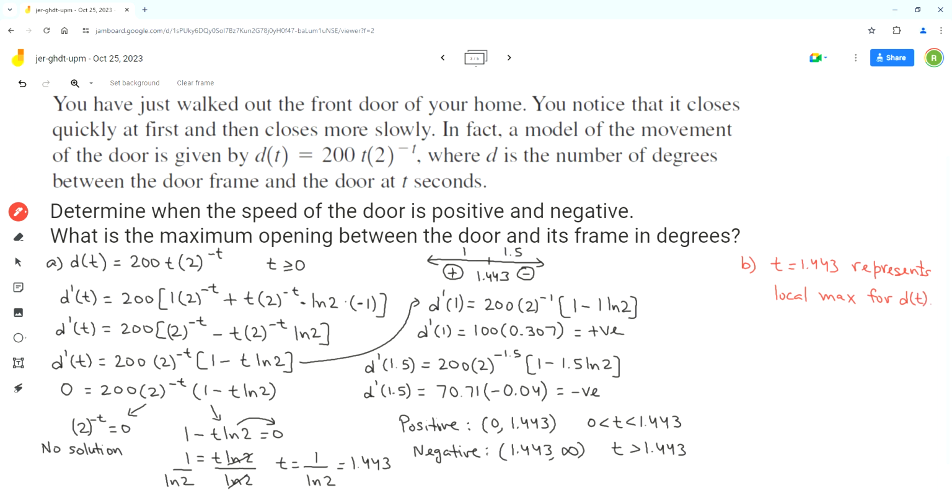Now we can find the maximum opening by subbing in t as 1.443 in the given d function.